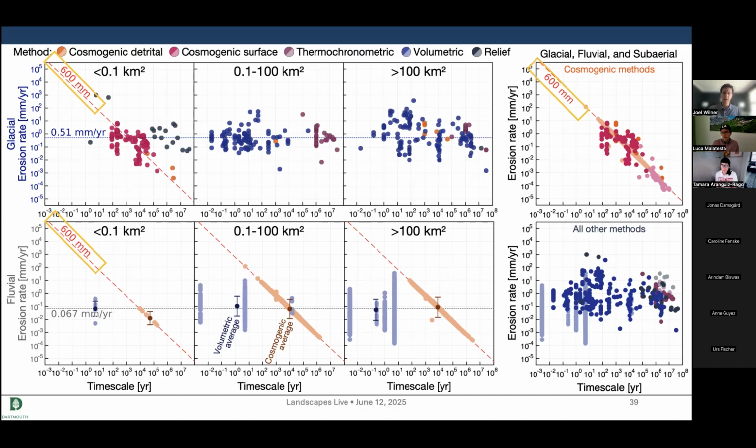The reason this fluvial slope for cosmogenics is so distinct and straight there is that the OCTOPUS data set that we derived a lot of these cosmogenic measurements from is very self-consistent. It uses a lot of the same assumptions, but I believe it does use different cosmogenic systems.